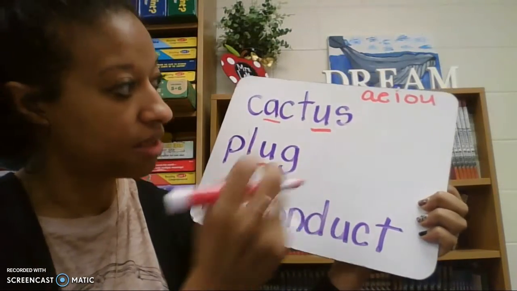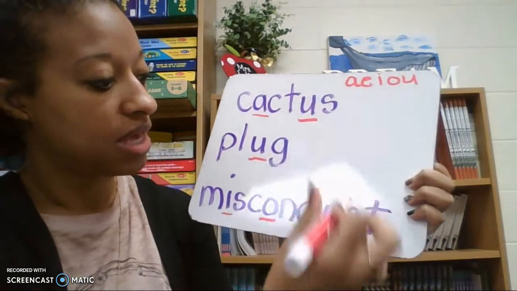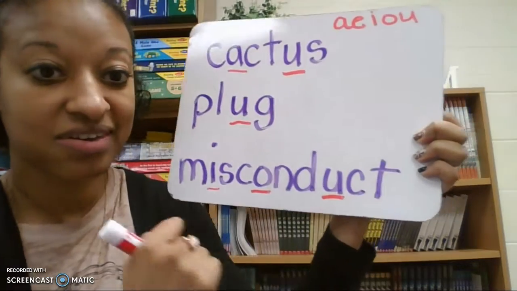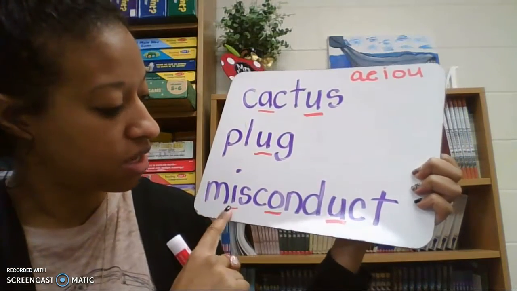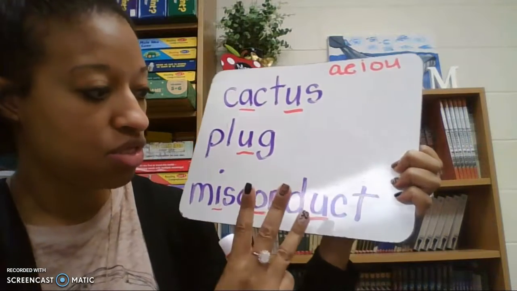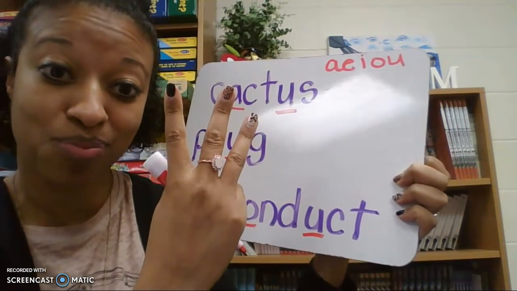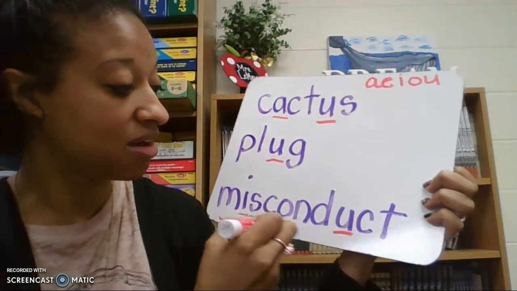Okay, let's look at this big guy. Well, there's an I, here's an O, and here's a U. Did I get all the vowels? Yes, I did. Well, let's see. There's 1, 2, 3 vowel sounds. So guess how many syllables this word probably has? 3. This is the word misconduct.